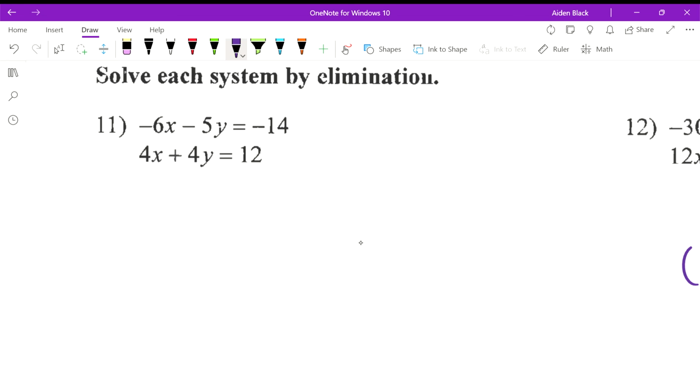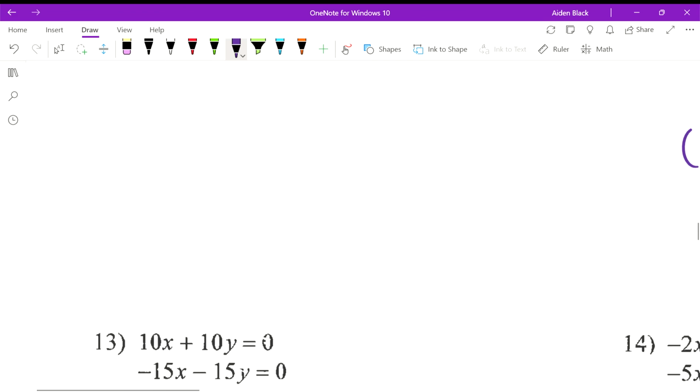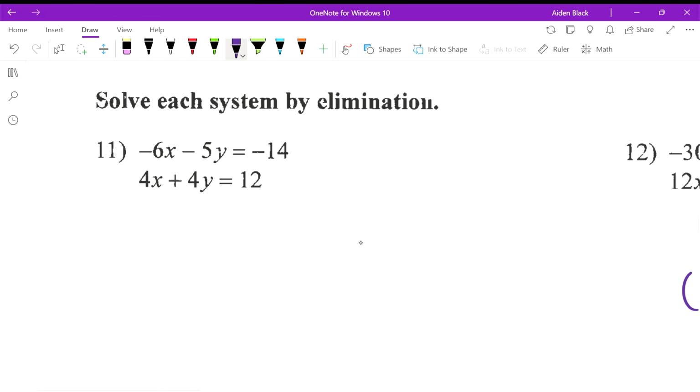So here we go, negative 6x plus 5y equals negative 14. We'll go to 12. So we'll multiply this one by 2, and we'll multiply this one by 3.